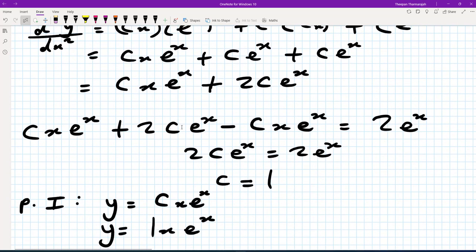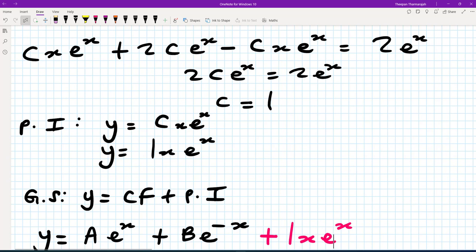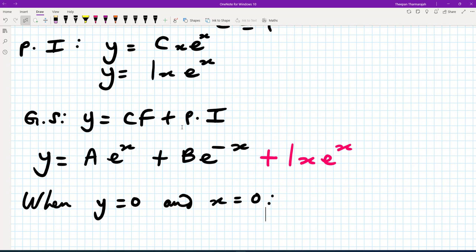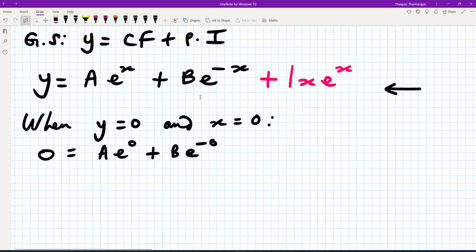So if we were to substitute y equals 0 and x equals 0, first of all, we would end up with the following, using this equation here, that 0 is equal to a times e to the 0 plus b times e to the minus 0. Well, we know that e to the power 0 is just 1, so we just get our first equation, which is a plus b equals 0.